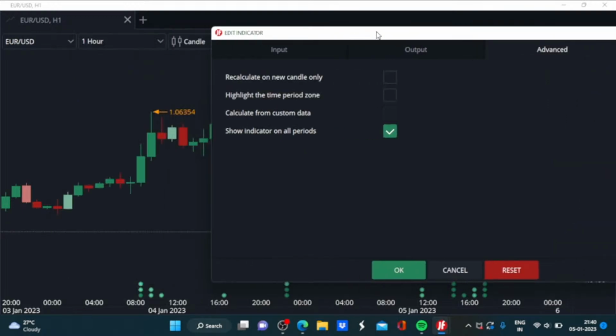So if you go for this, only once new candle formation takes shape, this engulfing pattern will be recognized on the chart. Highlight the time period zone. Whatever is your calculation period will be highlighted. There is nothing we can customize. So there is no customization from the calculation.